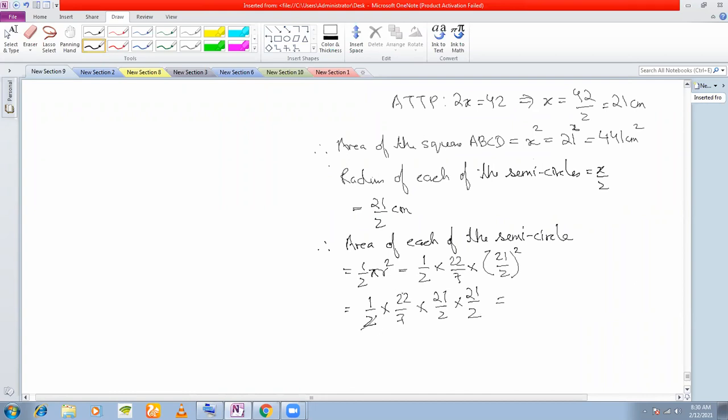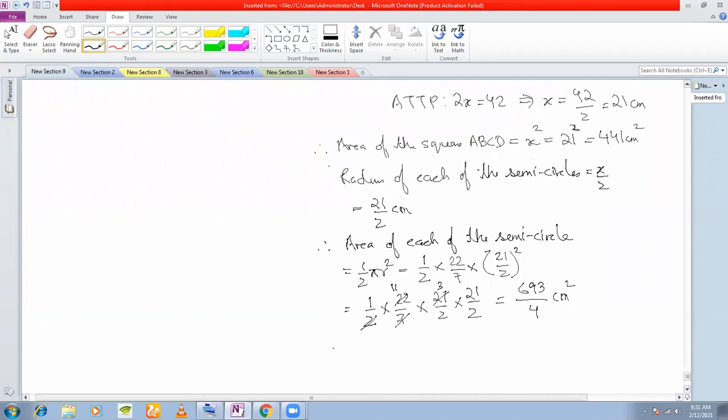So this will cancel. So you are left with 33 into 21, 693 by 4 centimeter square. This is the area of one semicircle.